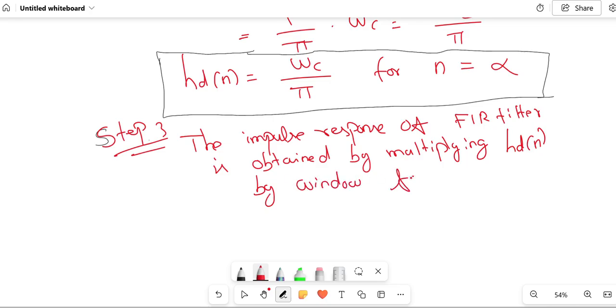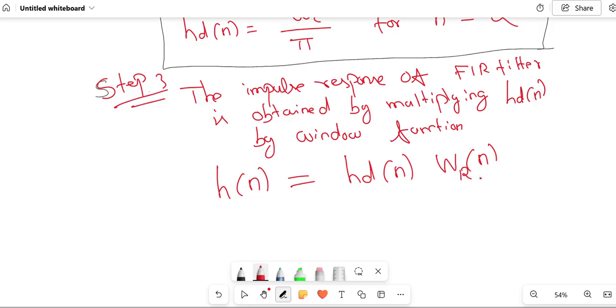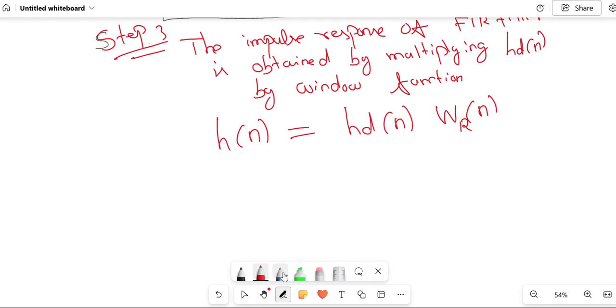Here in the problem, the window technique given is the rectangular window. So, H of n, the finite impulse response coefficients of the FIR filter, can be determined by multiplying the infinite impulse response coefficients with the W of n window function, where here it is the rectangular window. So, this is the third step.